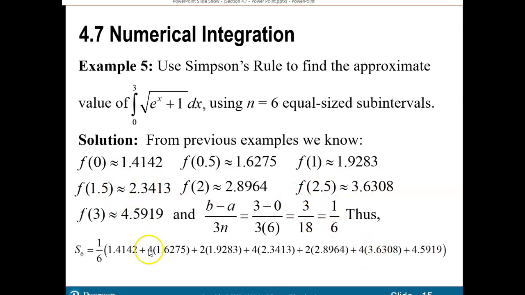You always start with a 4, and if you've done this right, you should always end with a 4, excluding the f of a and the f of b. Those are always beginning and end. But if you start in the middle after that f of a, you start with a coefficient of 4 and go 4, 2, 4, 2, 4, you'll end on a 4 before the f of b.